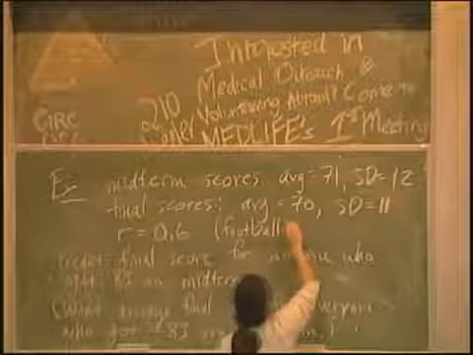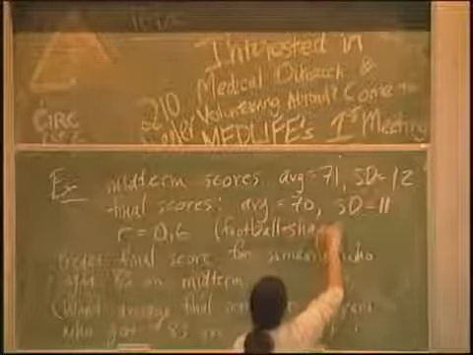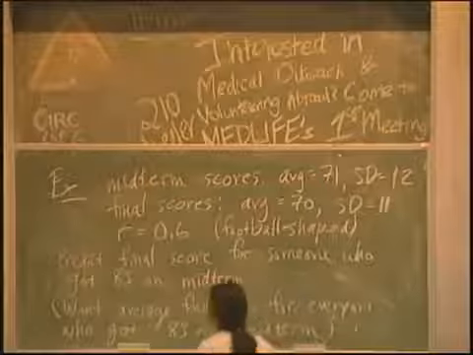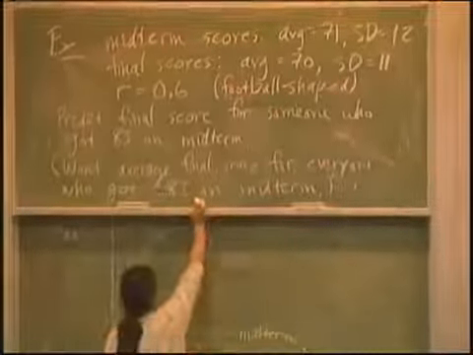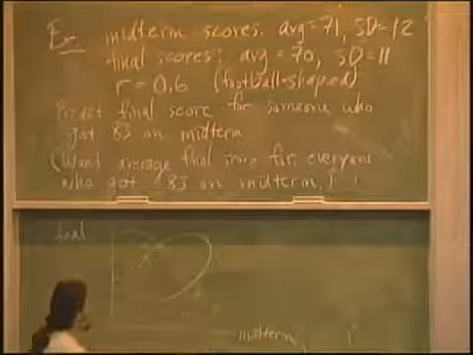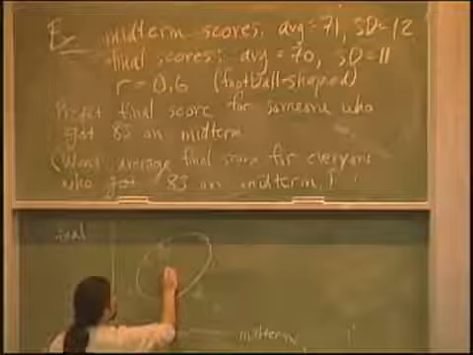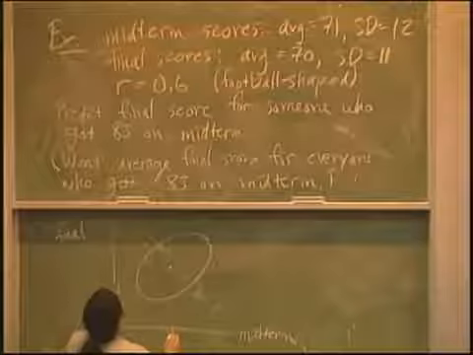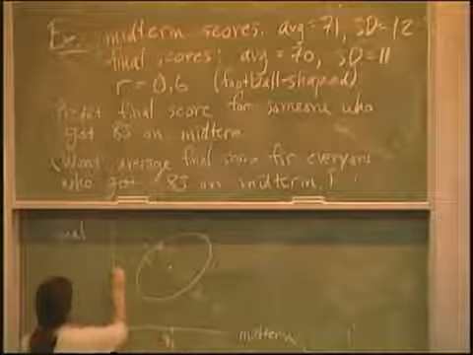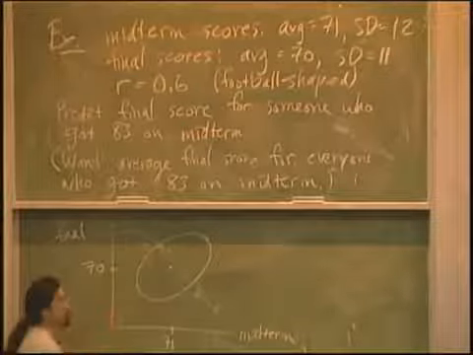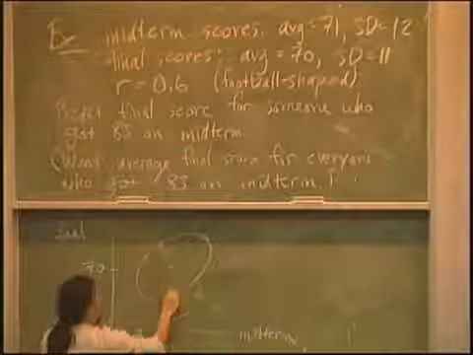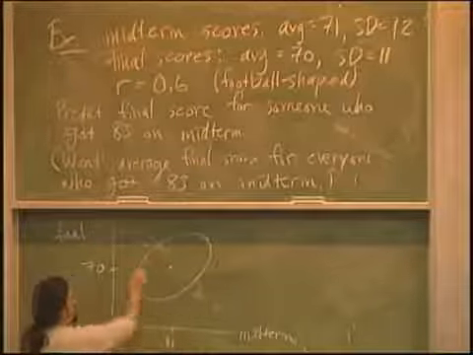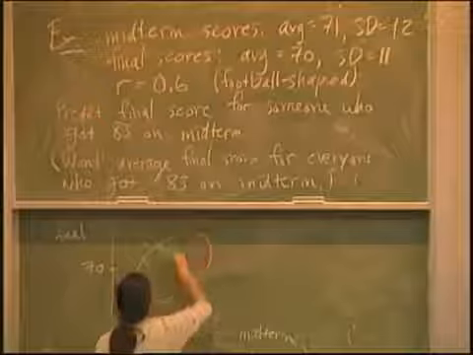I'll talk a little more in a minute about why that's important. There's my picture, a football shaped scatter diagram. Just to remind you of some landmarks, this point, 71 on the midterm, 70 on the final, is often referred to as the point of averages. The average x is the x coordinate, the average y is the y coordinate.